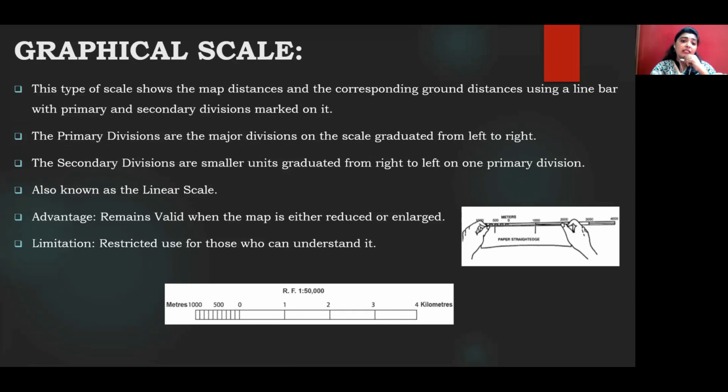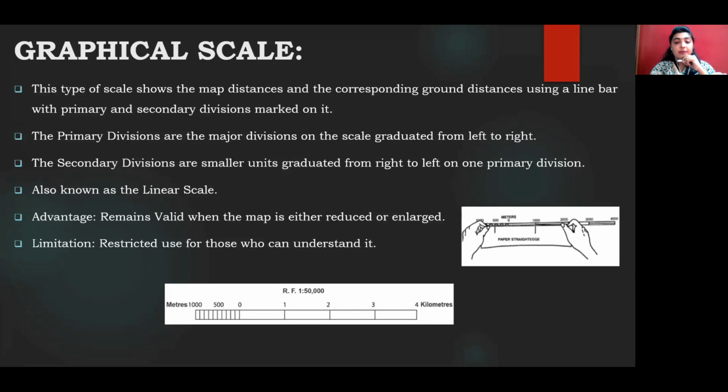But it also has a major disadvantage: it is restricted to those who can understand it. Generally, I have seen that people get confused between the primary and the secondary division, so it becomes very difficult if only a graphical scale is given on the map, because then calculating distances at one point of time becomes a bit difficult.